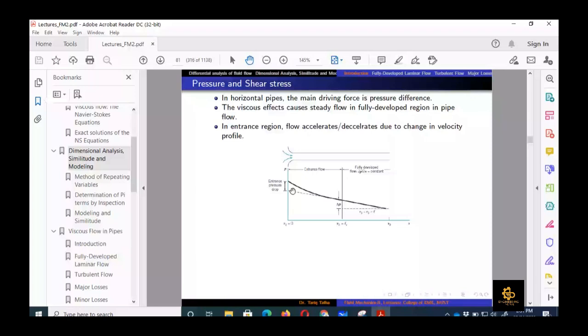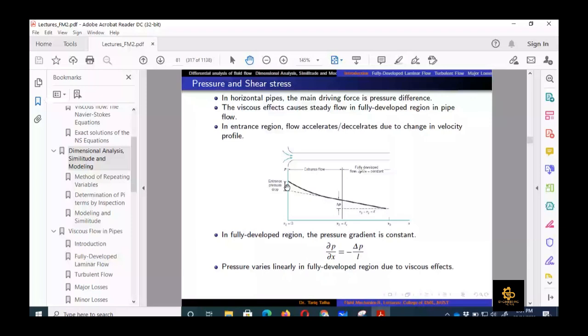So that is the deviation from the straight line. I have just explained that because the wall shear stress is very high at the beginning due to the increased velocity gradient, the pressure drop is also high in the entrance region. And in the fully developed region, the pressure drop is constant.